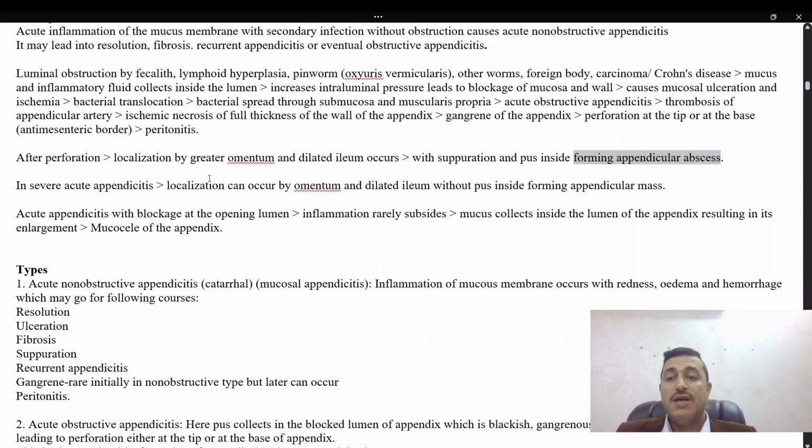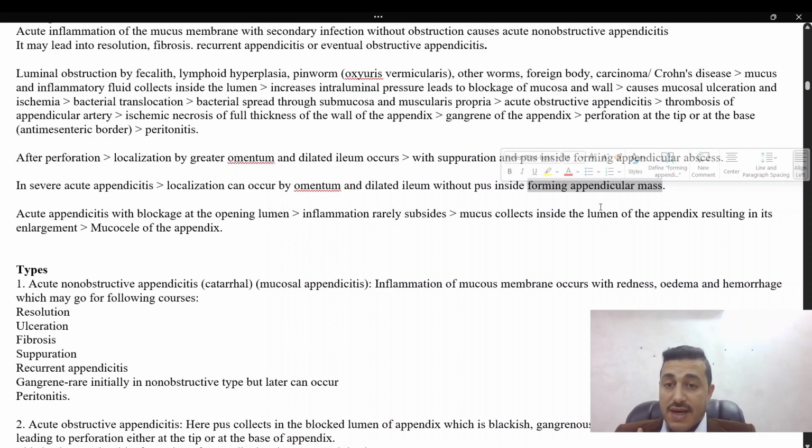If no collection, we have the greater omentum and the dilated ileum. This is what we call the appendicular mass. What is the appendicular mass? It is appendicitis localized by the greater omentum and a dilated ileum. All these together are called the appendicular mass.